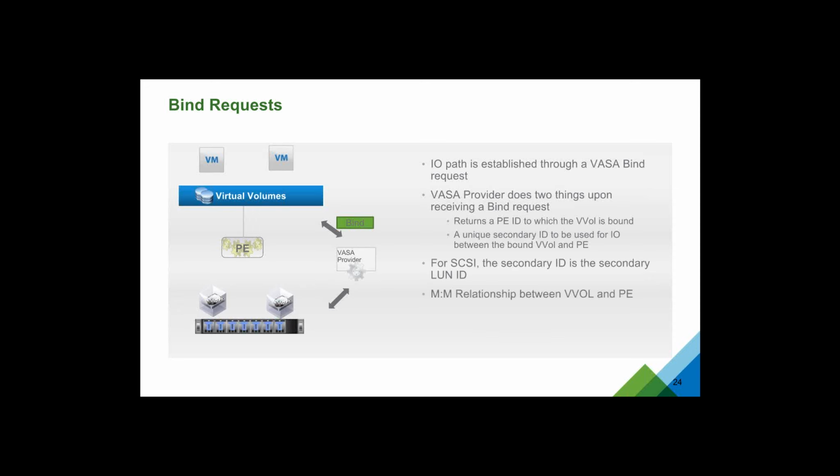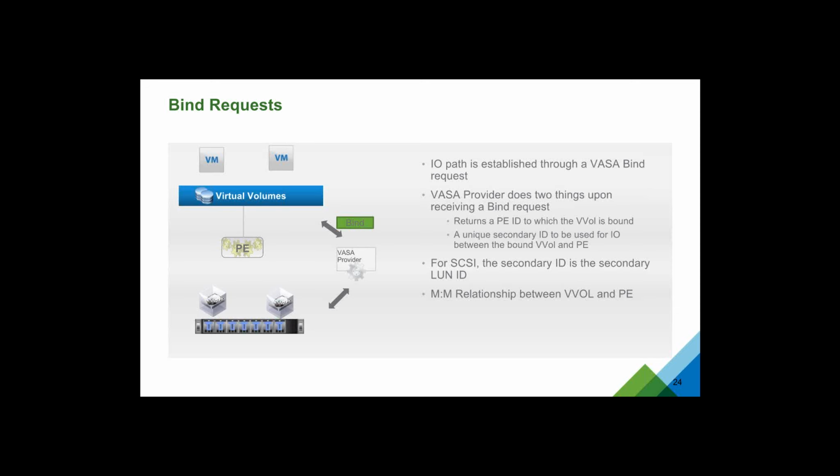So you can actually end up with a many-to-many relationship between vVols and PEs. You can have multiple vSphere hosts that contact the same vVol, and they don't have to be going through the same PE, although they can be. In a rebind case, vSphere has a binding to a vVol through one PE, and it will ask the storage, hey, I'd like to bind to a different PE.